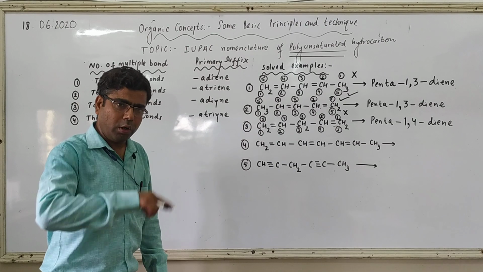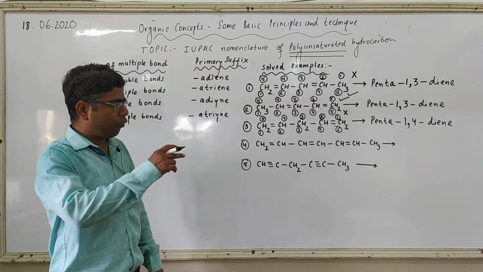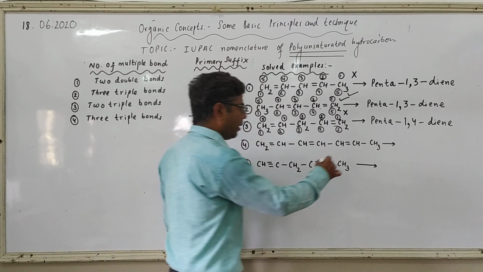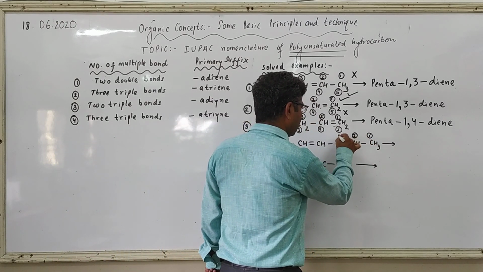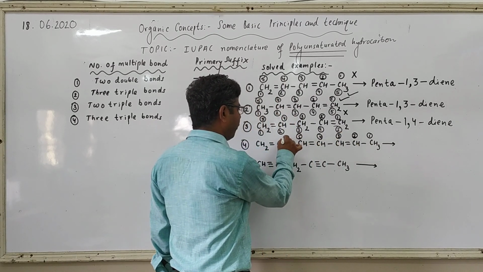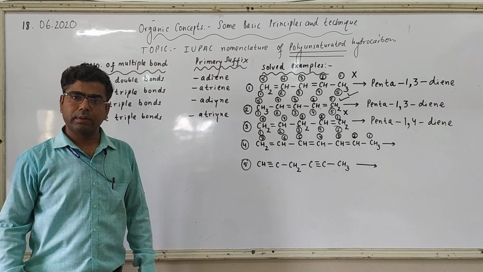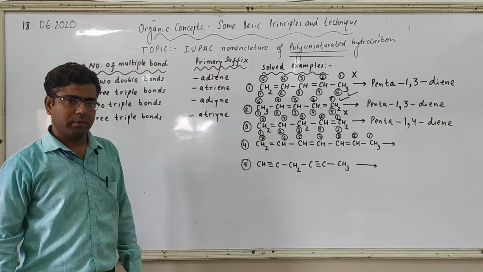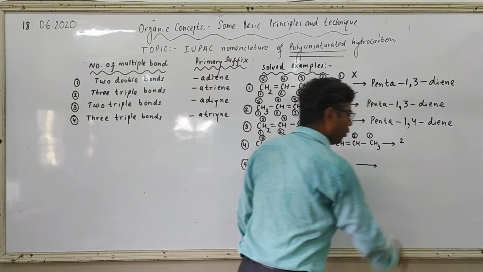Again we will go for the sum of the position of the double bonds. So let us check from right hand side. Here 1, 2, 3, 4, 5, 6 and 7. First double bond between 2 and 3, use position 2.